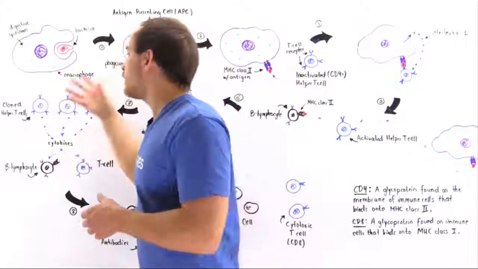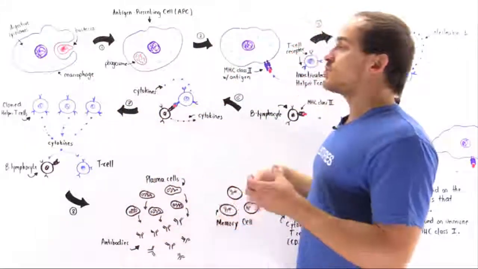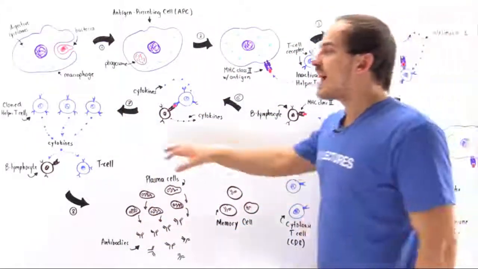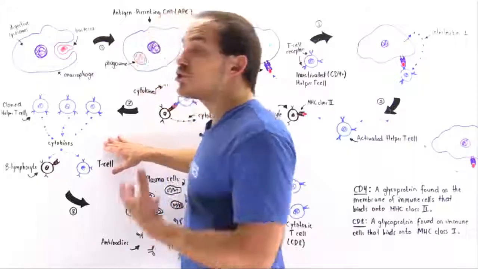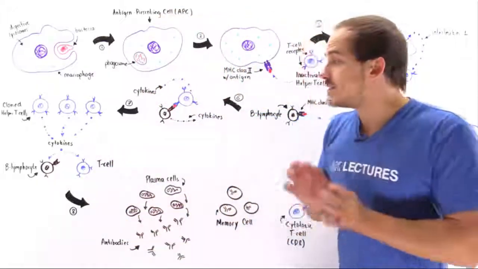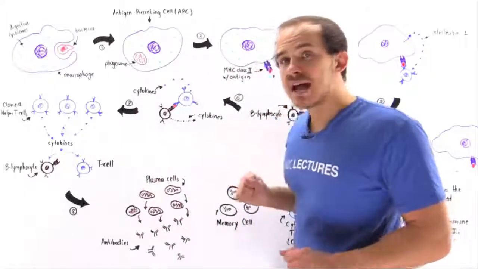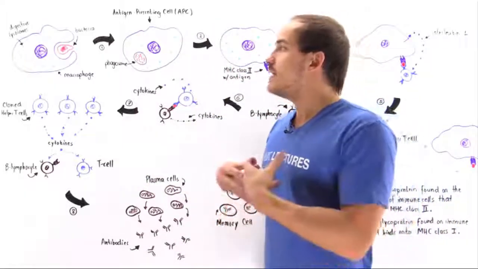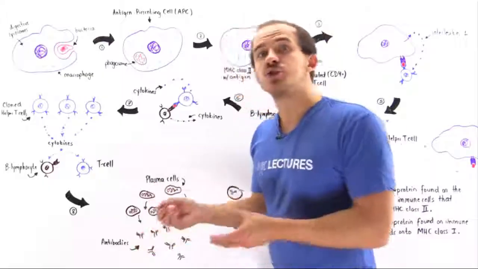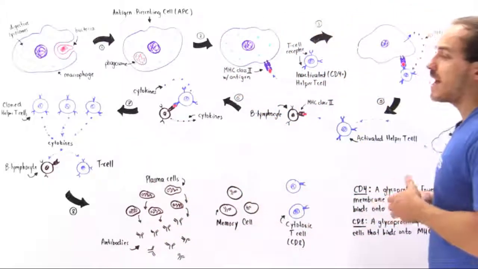And these cloned helper T cells begin to release another group of cytokines, and these cytokines induce these B lymphocytes and T lymphocyte cells to mature and differentiate into even more specialized cells.